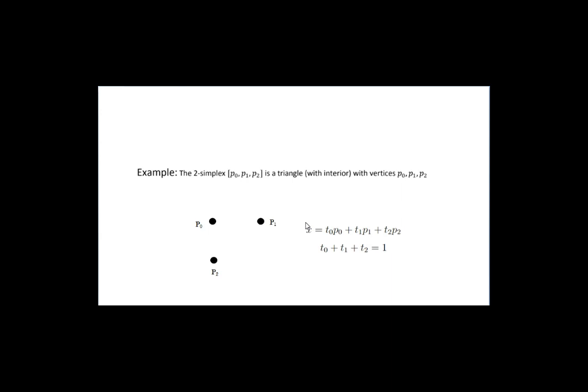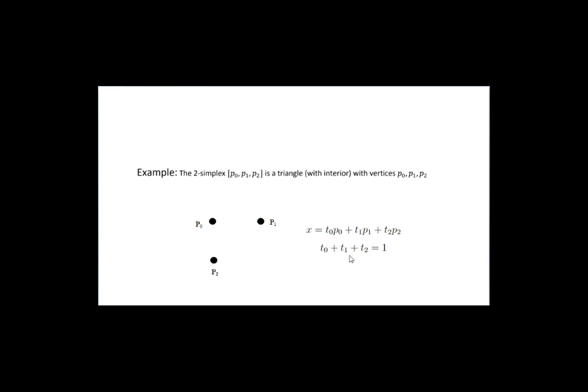If we try to write a convex combination, it should be all those points x that are represented in terms of p0, p1, and p2, where the summation of the coefficients should be equal to 1, a condition coming from the affine combination, and all these t's must be greater than or equal to 0.